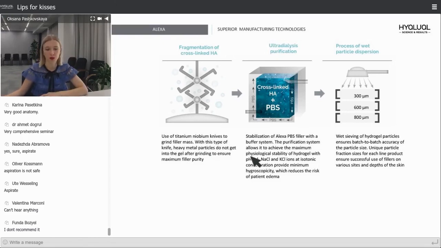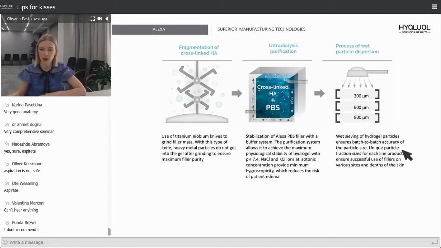Of course, it's very important to get purified filler, because at least one time a year, our patient had injected the lips. So of course, the drug should be safe.